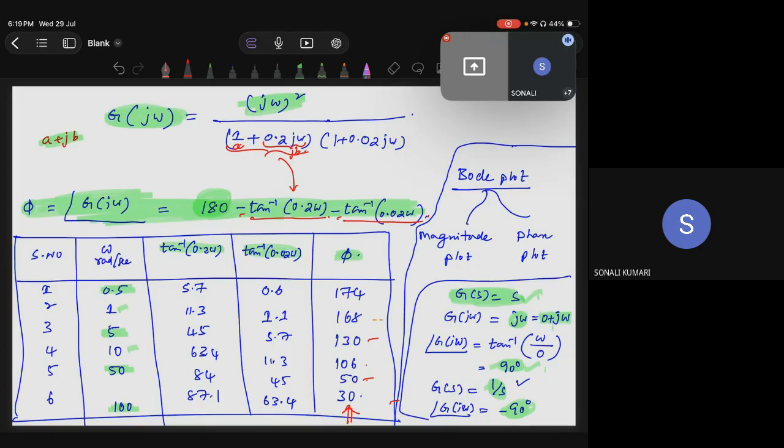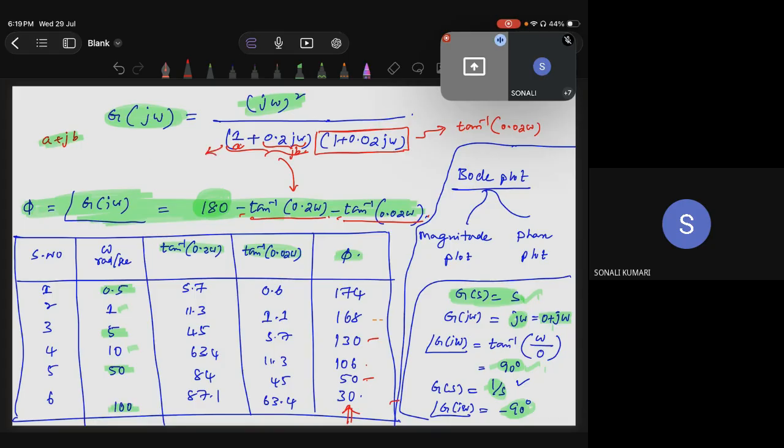Here the angle is when it is in the denominator.